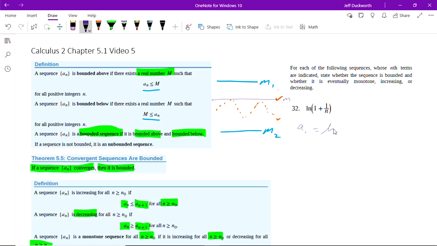that's going to equal the natural log of 1 plus 1 over 1, which is ln of 2. That's not a problem. What about a_2? Natural log of 1 plus 1 over 2, which is ln of 3/2. That's a little bit smaller.